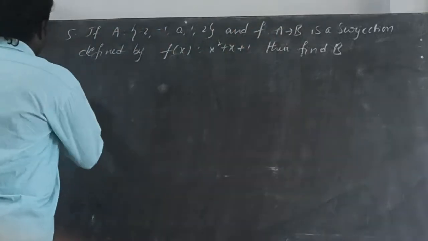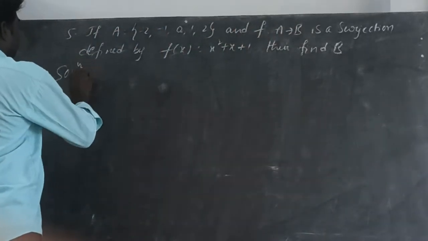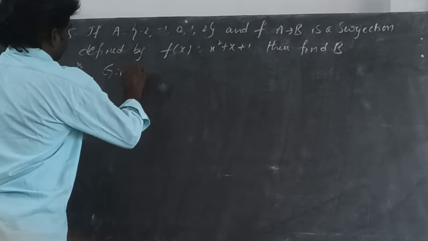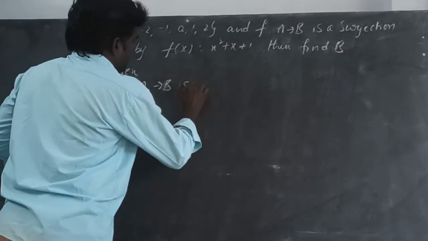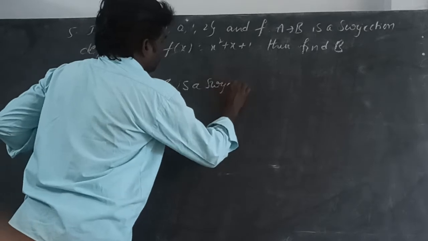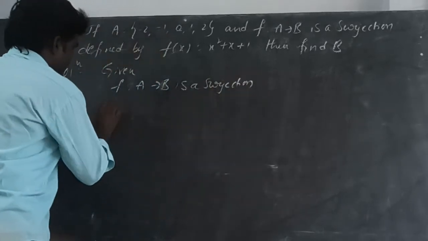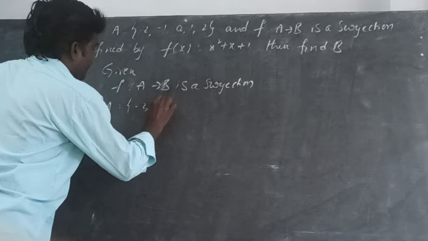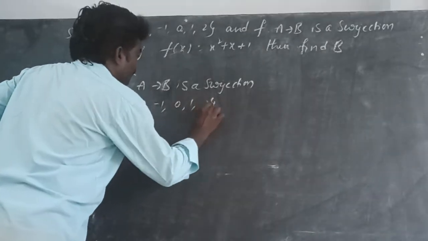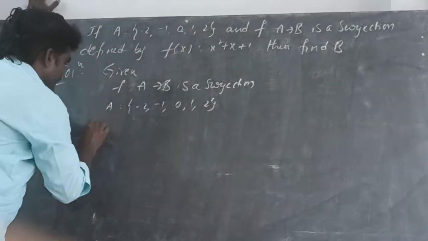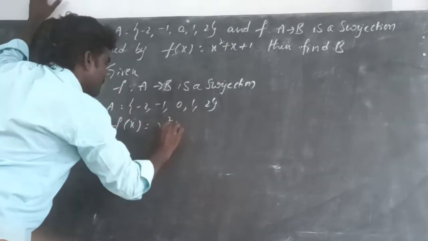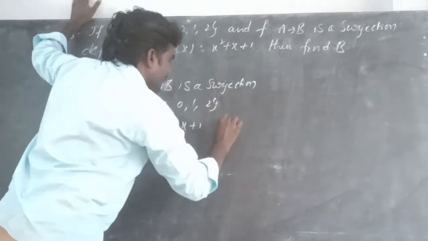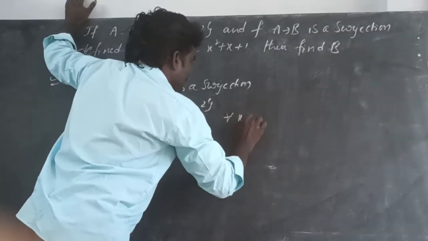Okay, so here given f from A to B is a surjection. A is minus 2, minus 1, 0, 1, 2. Okay, so and f of x is equal to x square plus x plus 1. Here for x belongs to A.